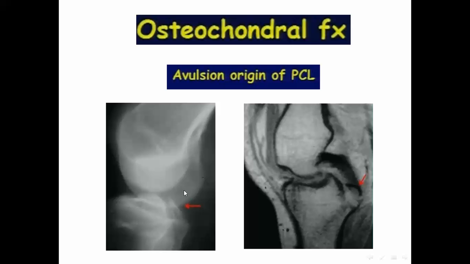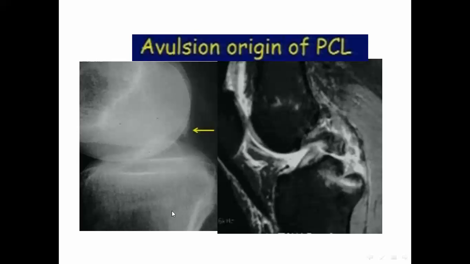Osteochondral fracture, usually associated with avulsion of the posterior cruciate ligament, and here is the line of separation. Avulsion of the PCL, again here the PCL is avulsed at its origin, and this is a separate fragment.